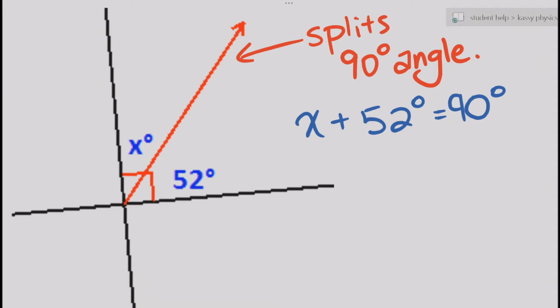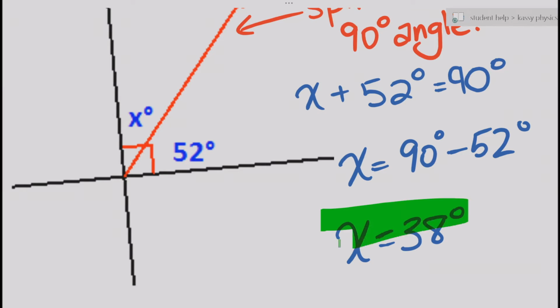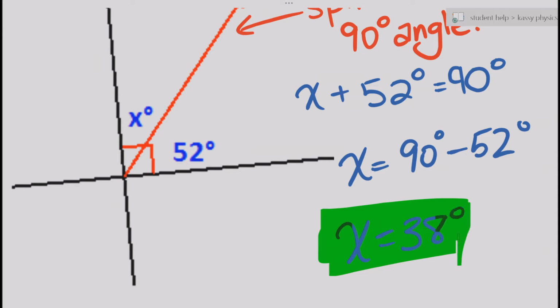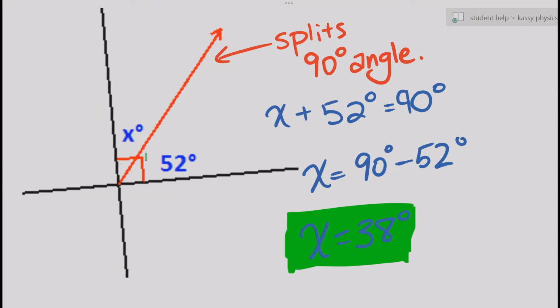So then, if we want to know what x is, well, x must just be 90 degrees, but take away what's already been used up, which is 52 degrees, which in this case we can then say x must be 38 degrees, just like that. And that's because we know that two angles that together make 90, make a right angle, have to add up to 90. We just need to make sure that we always recognize that symbol as being a 90-degree angle.